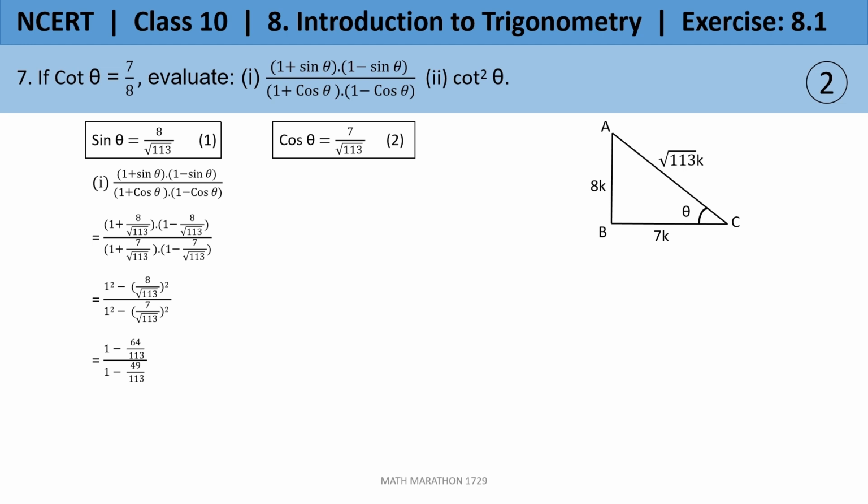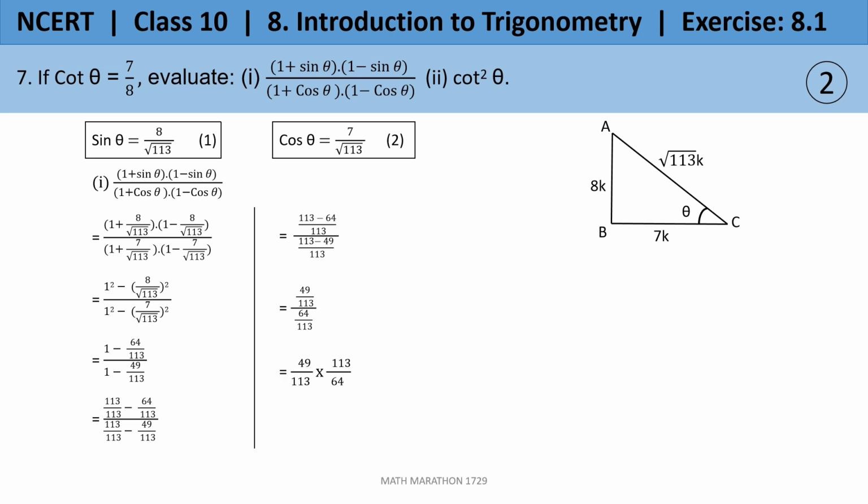To do some operation in the numerator, we need to have a common denominator. Is equal to (113 minus 64) by 113, divided by (113 minus 49) by 113, is equal to 49 by 113 divided by 64 by 113.